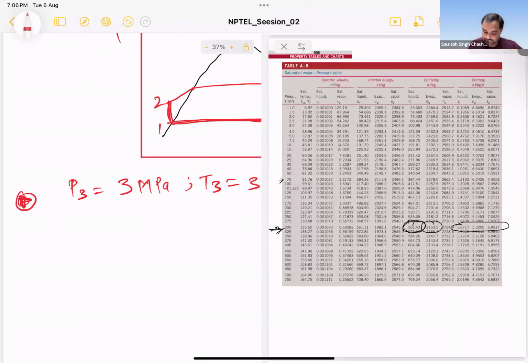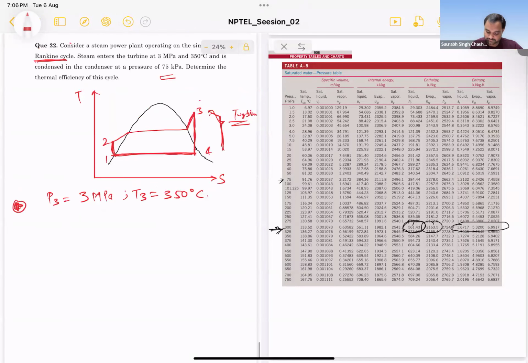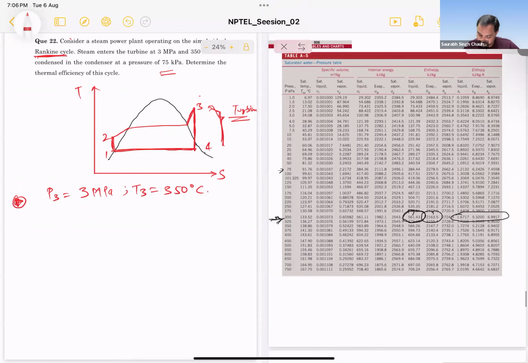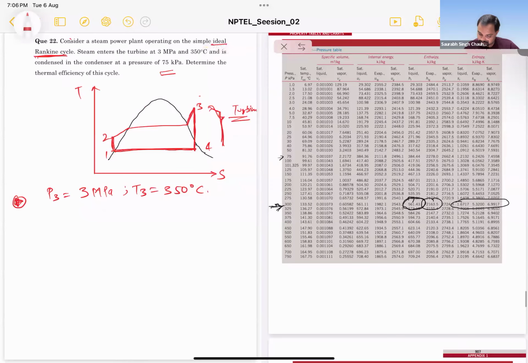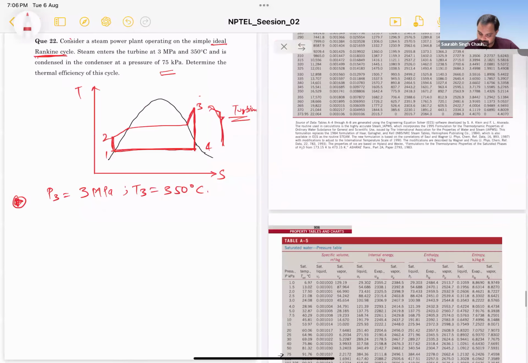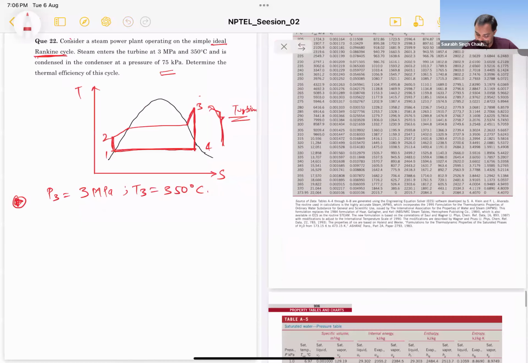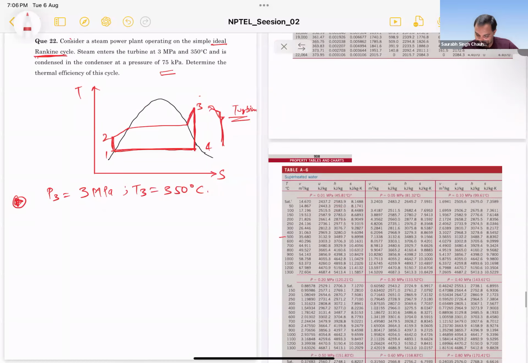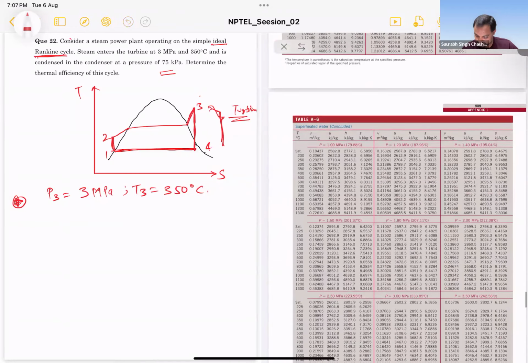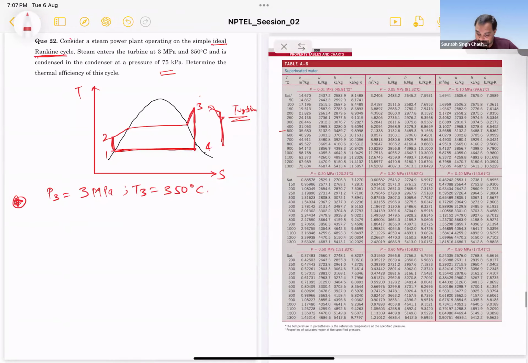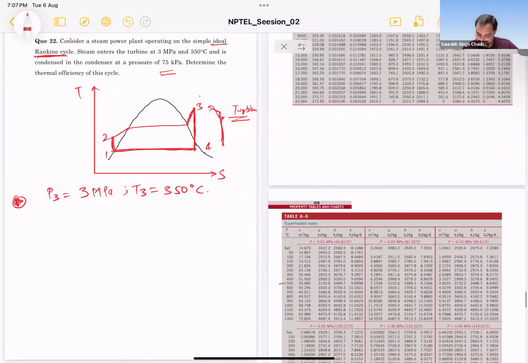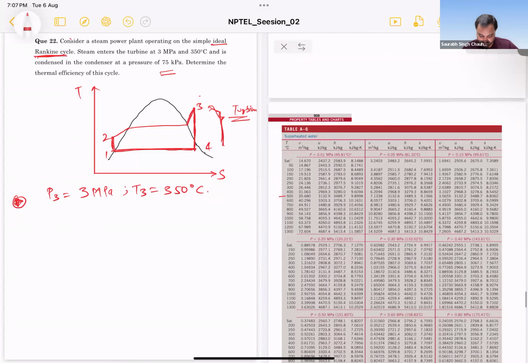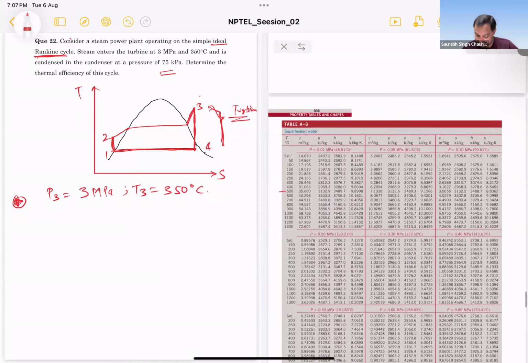Okay, 3 megapascal and 350 degrees Celsius.